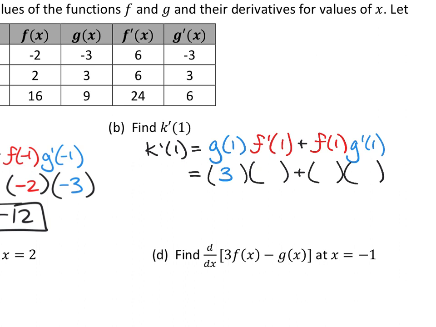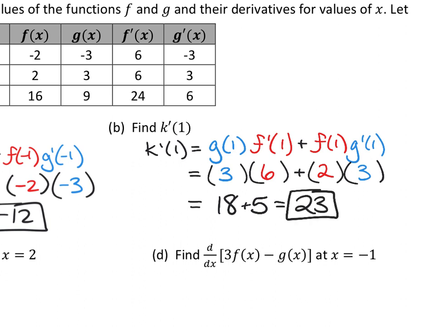F prime of 1 is 6. F of 1 is 2, and G prime of 1 is 3. Which means I have 18 plus 5, and we should have gotten that the slope of K at point 1 is 23.